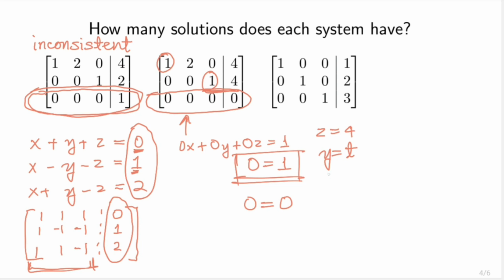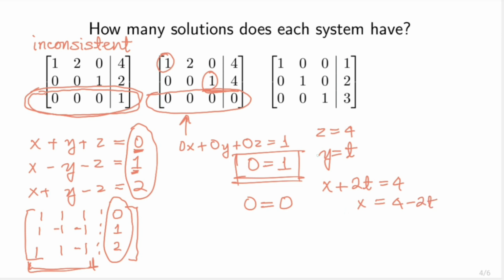And when we do that, then in the first equation, x plus 2y will now be 2t plus 0 equal to 4. So we have x equals 4 minus 2t.